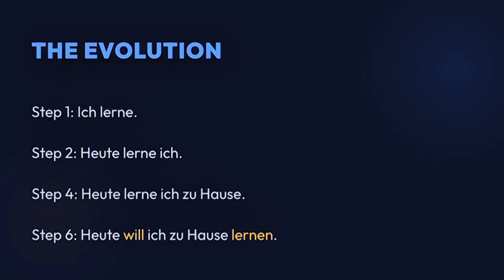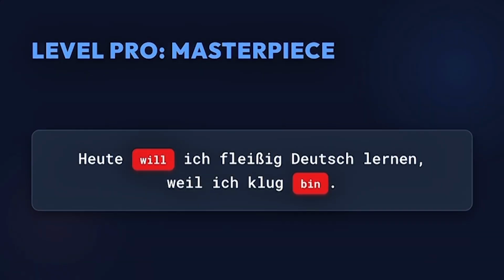On our 6th step, we learned how to say a sentence using 2 verbs. Just as an example, we will say heute will ich zu Hause lernen. And level pro is a masterpiece, the longest sentence that you can already build. We can say heute will ich fleißig Deutsch lernen, weil ich klug bin.